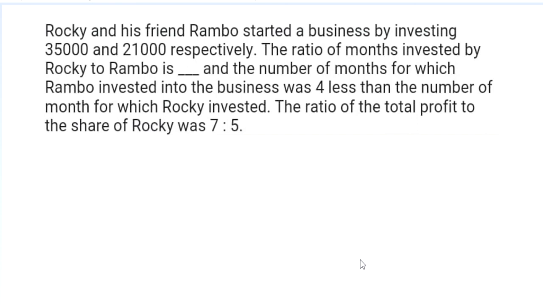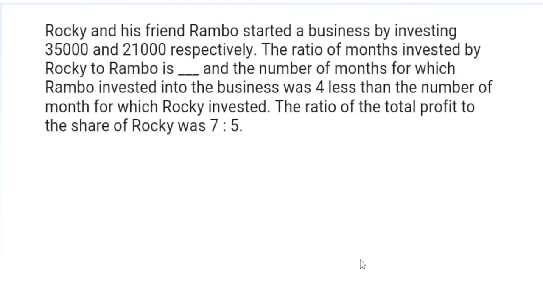They're asking about the months, and the number of months for which Rambo invested in the business was 4 less than Rocky's. See, Rambo invested 4 months less than Rocky, and the ratio of the total profit to the share of Rocky was 7:5.